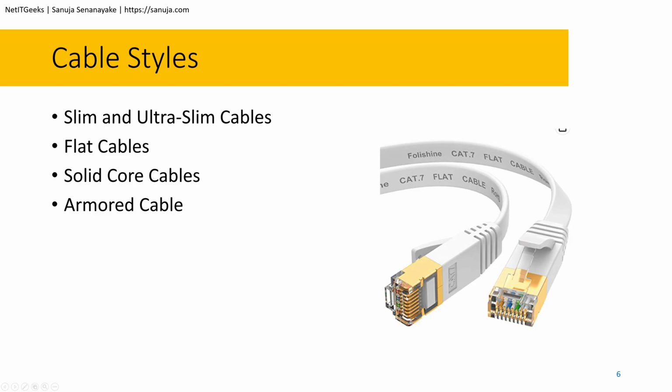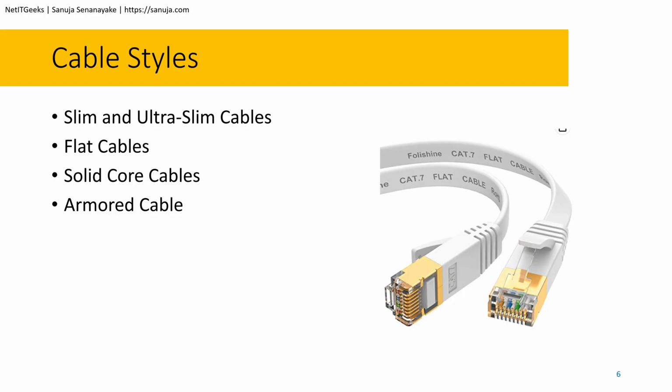I have introduced this concept in my previous lectures already, so I'm not going to go into depth on that, but what you need to understand is that solid conductor cables are typically used at the infrastructure level. In other words, when you are putting wires across the ceiling tiles, or from a wall plate to the switch or router, you typically use solid core cables, as opposed to stranded cables, which are typically used for patch cables, because stranded cables are more flexible as opposed to solid wire cable.